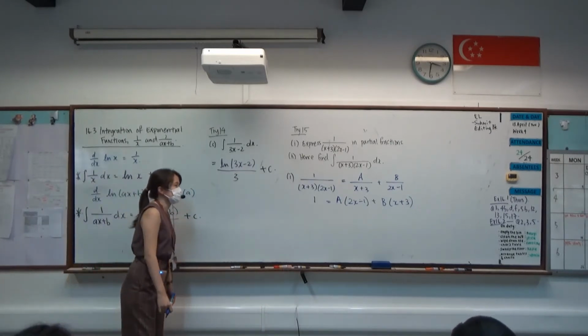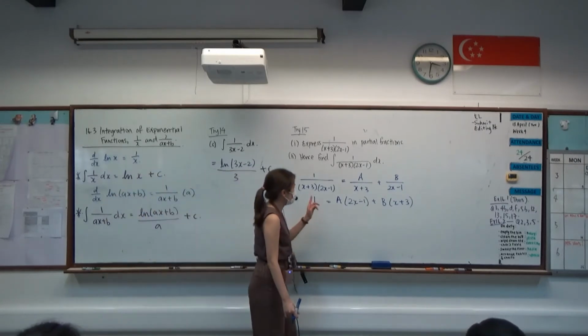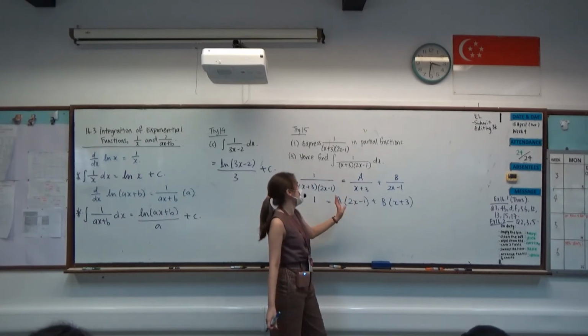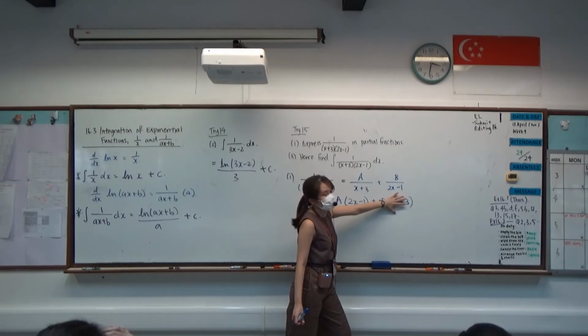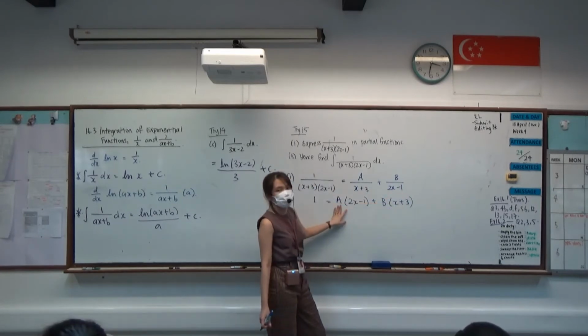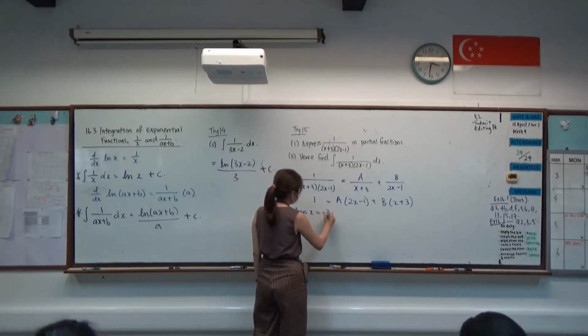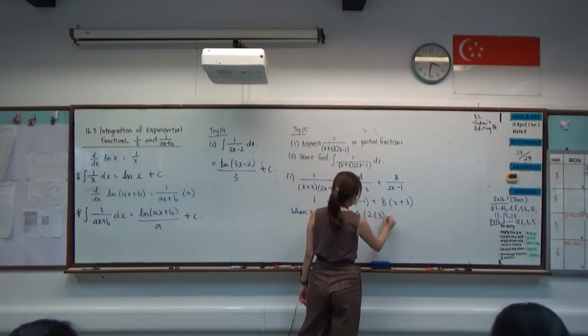We can use the substitution rule or something like that. The name is not very important. So if I let x equal to negative 3, x plus 3 becomes 0, so b disappears. That's how we find our a. When x equals negative 3, 1 equals a times (2 times negative 3 minus 1).